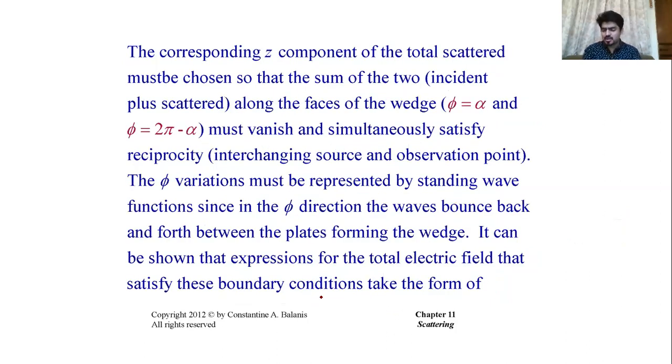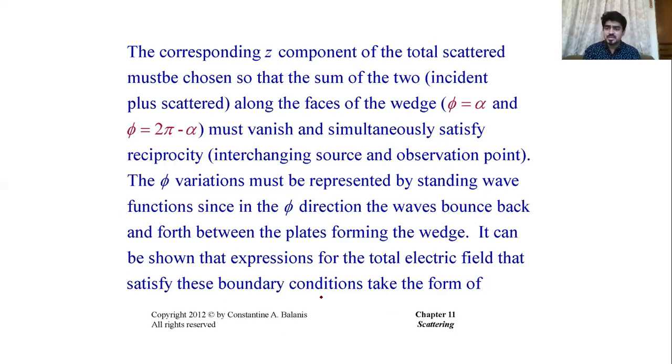Now that is for the incident wave, or the fields radiated by the line source. Now when we form the total field, we will not write down the expression of the scattered field.